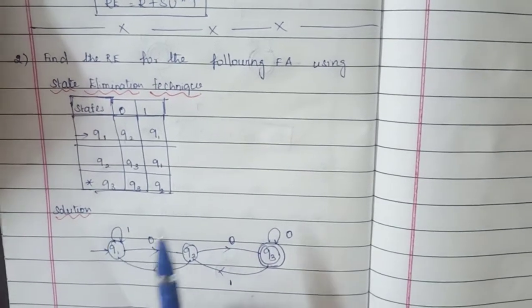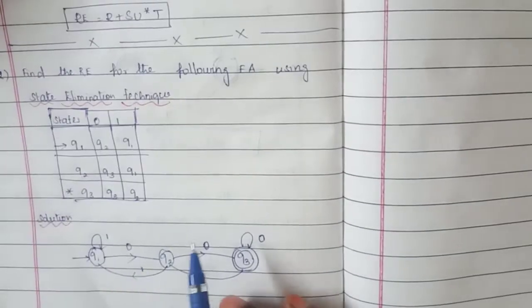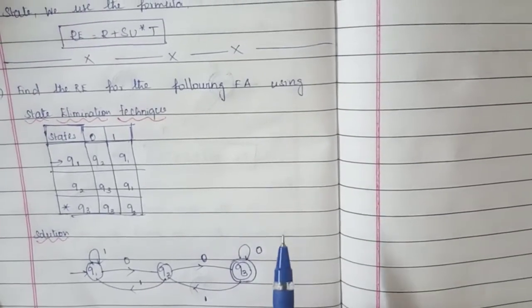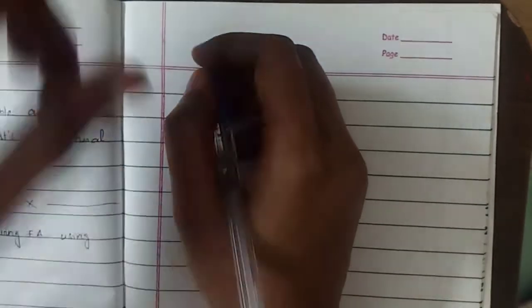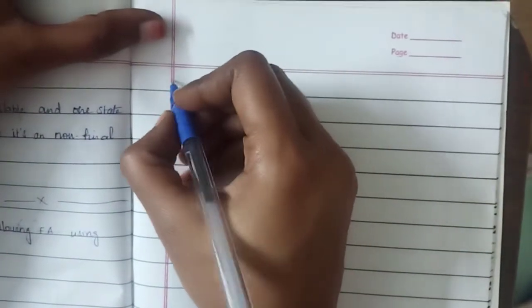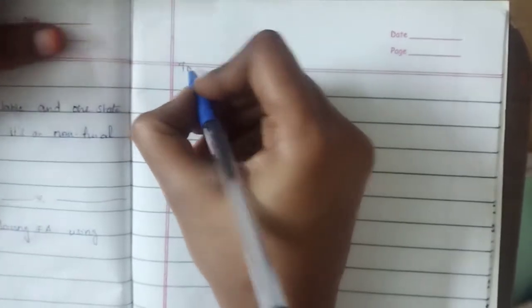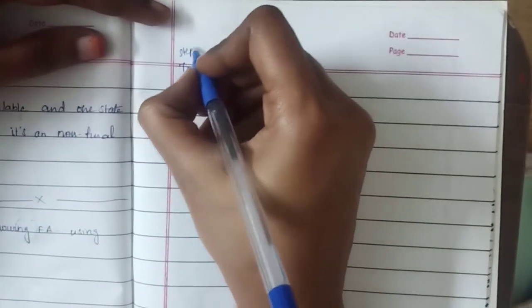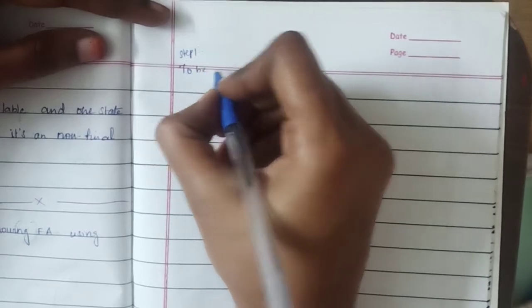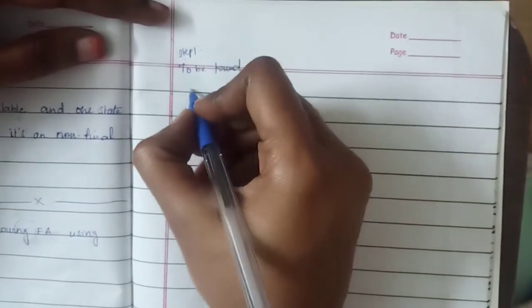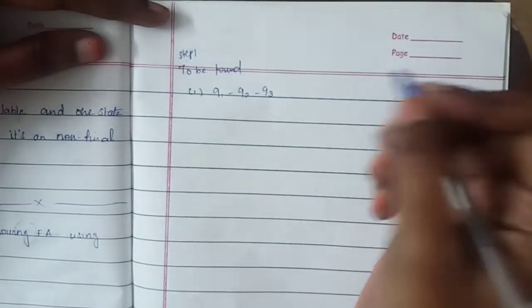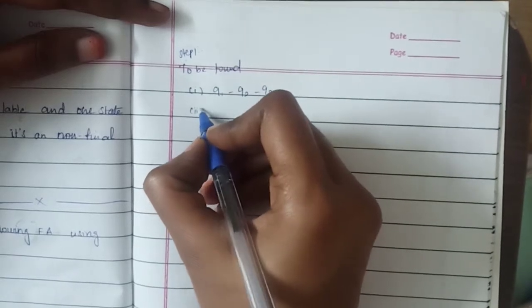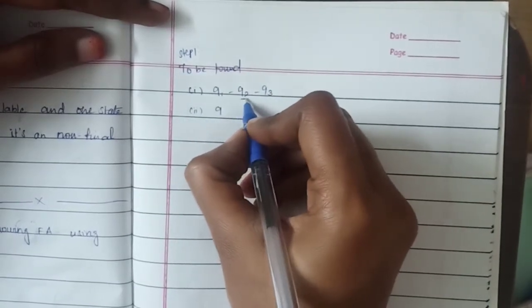For eliminating this Q2, we have to find the following transitions. Step 1: the first one is Q1, Q2, Q3. We need to concentrate on this Q2.